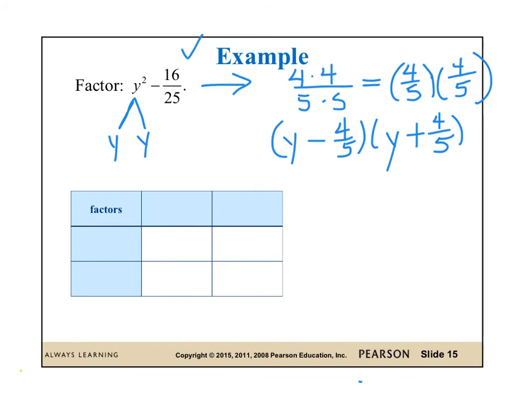I'm going to tell you that up front, because finding all the factors of 16 over 25 is much more difficult than you might think it is. So knowing this difference of squares is useful, but you need to understand this part. So if there's anything that I expect to be a little tricky for you in this section, it is going to be if you have to deal with fractions.